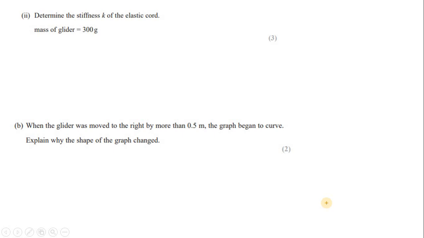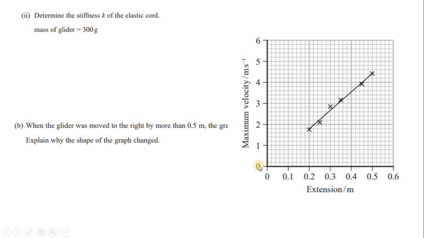Determine the stiffness k of the elastic cord. Mass of the glider is 300 gram. So we need to find the stiffness, and we need a force extension graph or some graph. Now you see here, this is the graph.